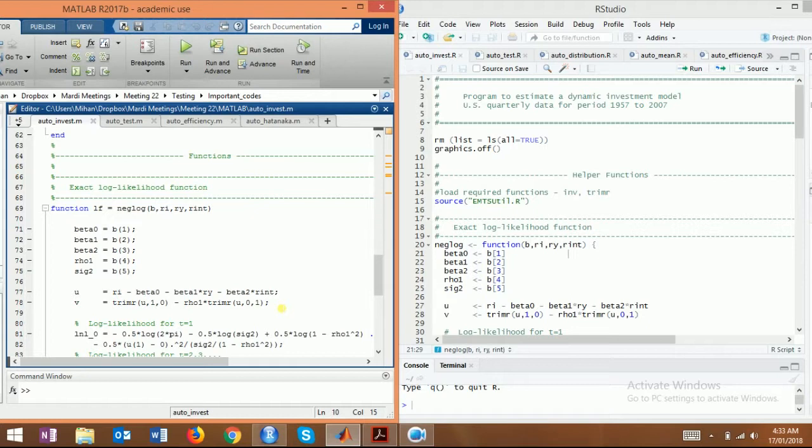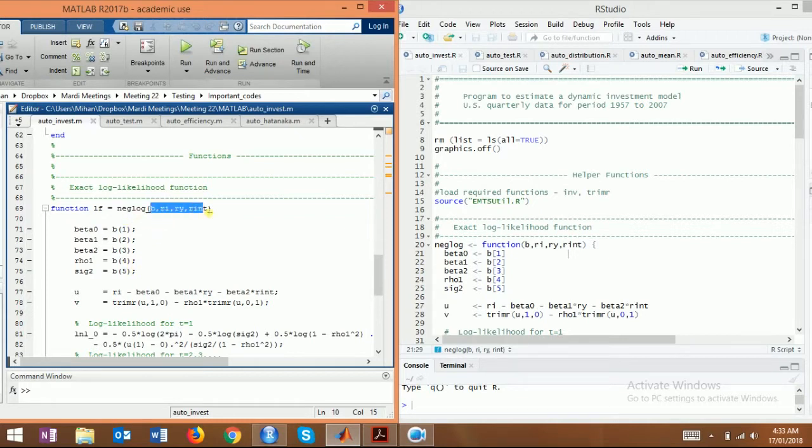In the exact log likelihood function, the parameters are beta naught, beta 1, beta 2 for real income, real investment, and real interest rate. Fine. So the function LF is equal to neg log BR.